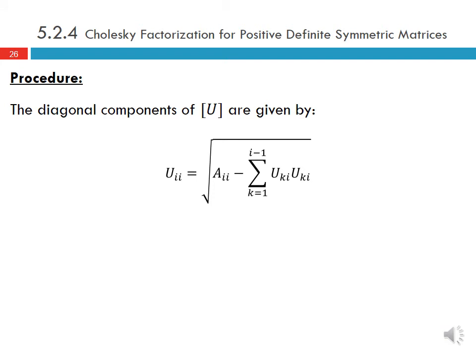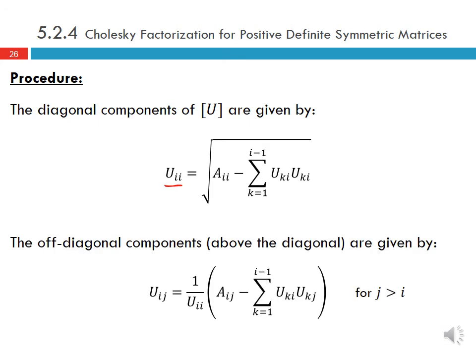So the procedure to calculate this is shown here. The diagonal components of U are given by the expression shown here. So this is to calculate our U_ii, just the diagonal components. The off-diagonal components, the ones only above the diagonal, so for when j is greater than i, are given by the expression shown here, so U_ij when j is greater than i.